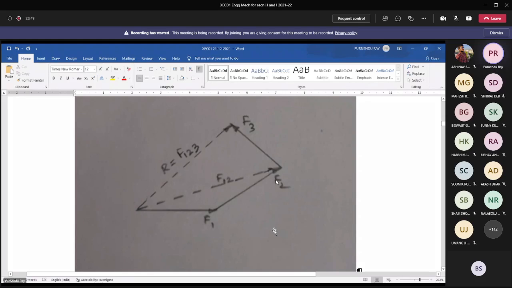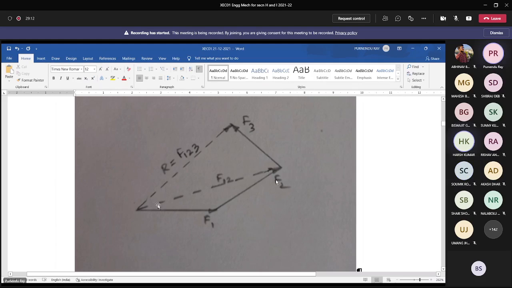So for this case, when we have a fourth force where the starting point of the fourth force is the finishing point of the third force, and the finishing point of the fourth force overlaps with the first point of the first force, then what about the gap? There is no gap.